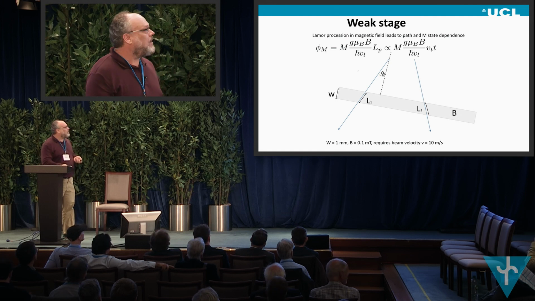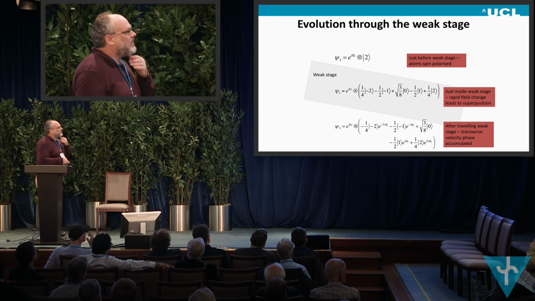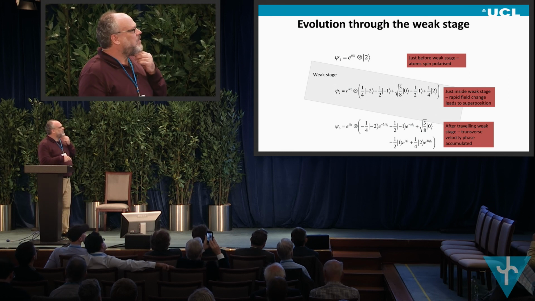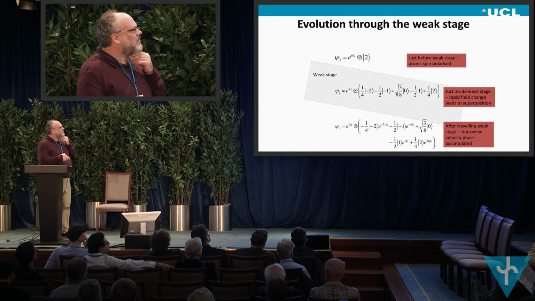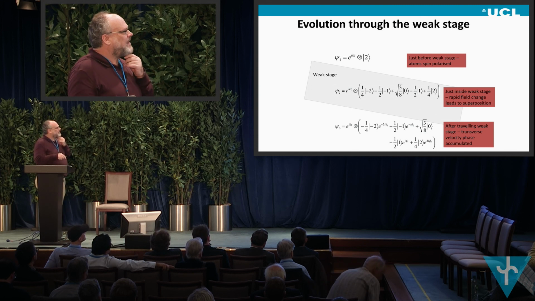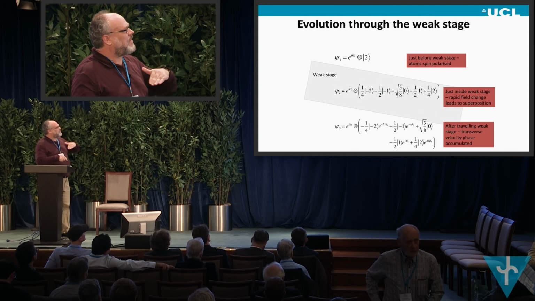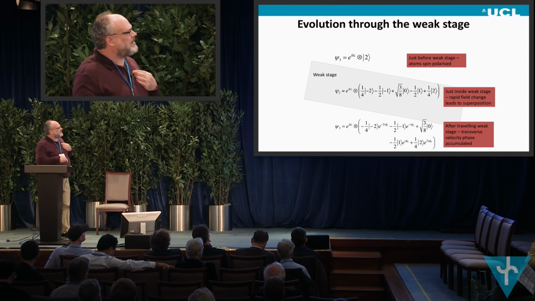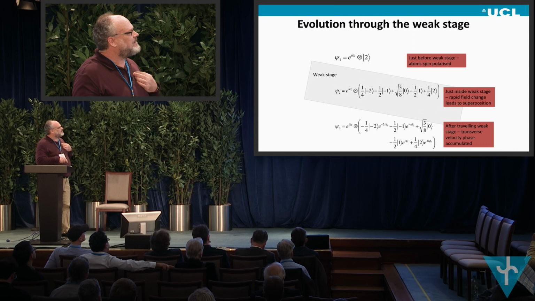Okay. So what would this evolution through the weak stage look like? We start off, for example, in this state with m=2. If this is moving fast enough through this, and there's a rapid change in the field direction here, then we project into all of these magnetic sublevels with these probabilities.